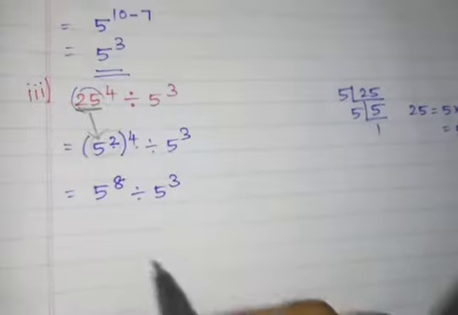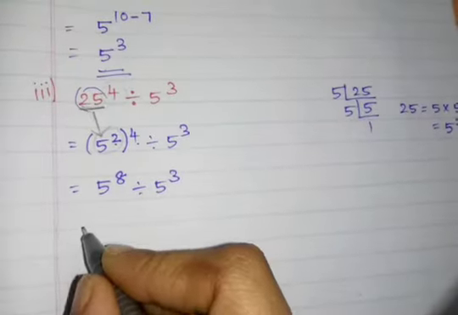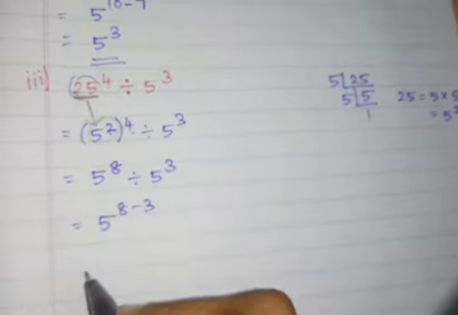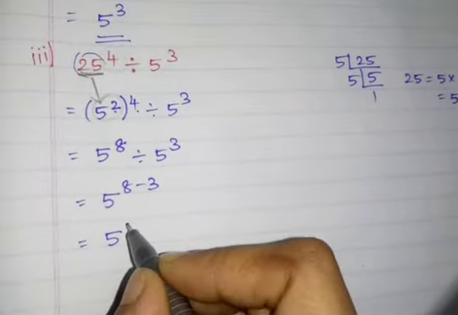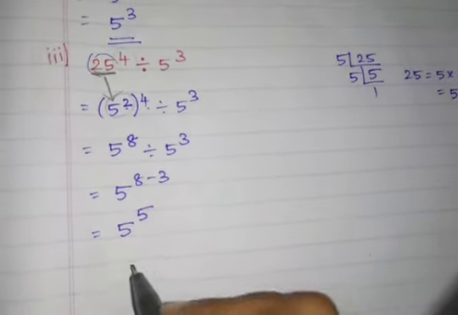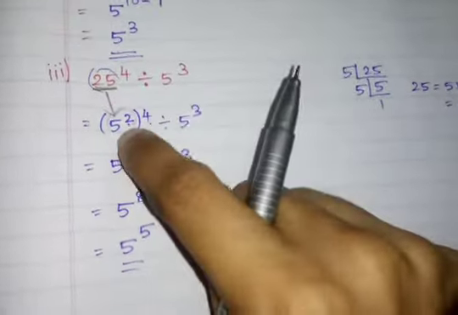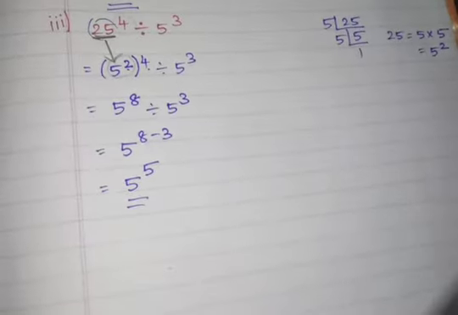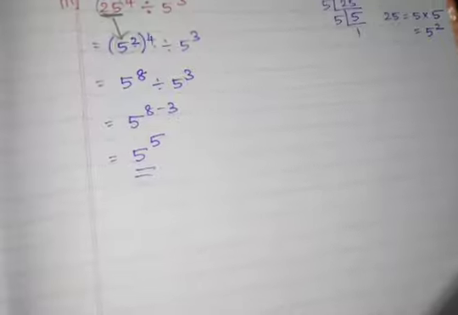Same base division means 5 power 8 minus 3. 5 power 8 minus 3 is 5 power 5. So the answer is 5 power 5. Just keep this in your mind and do the calculation. It's very easy. Next is your fourth problem.